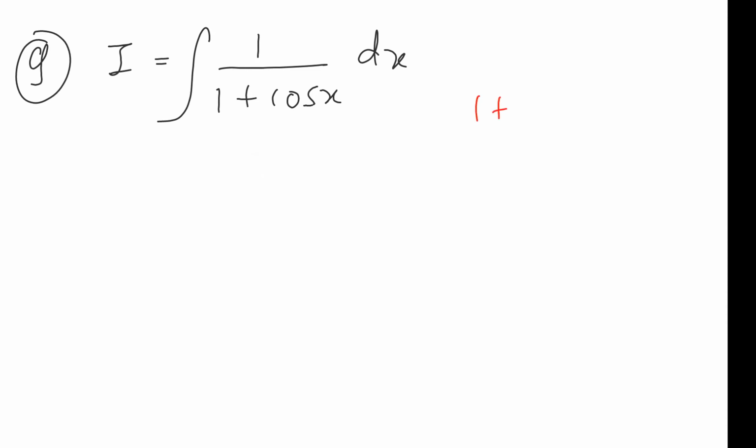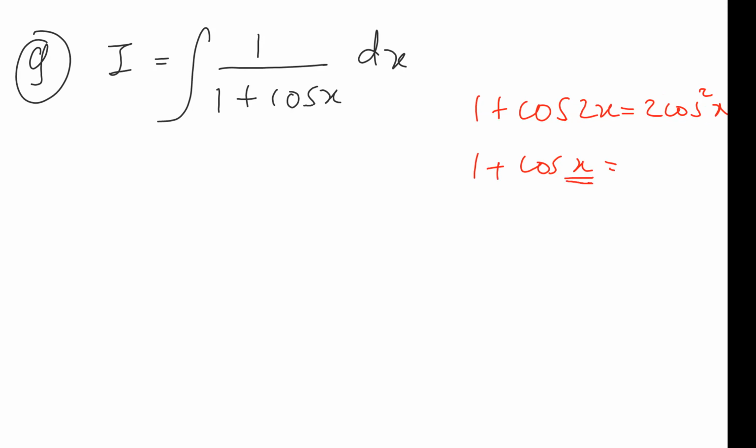So we know this half angle formula: 1 plus cos 2x is 2 cos square x. Okay, we know this, right? Half angle formulae are really very important for the entire syllabus. So what is 1 plus cos x?